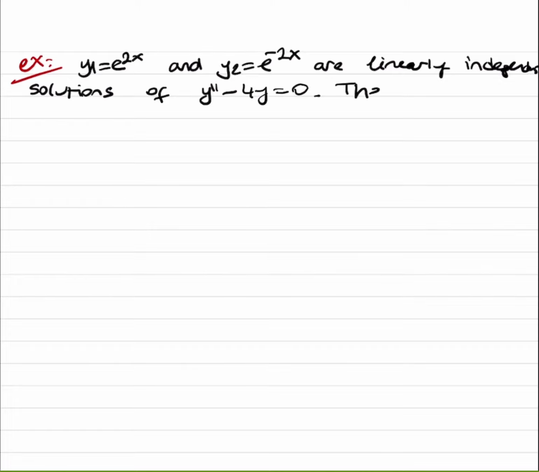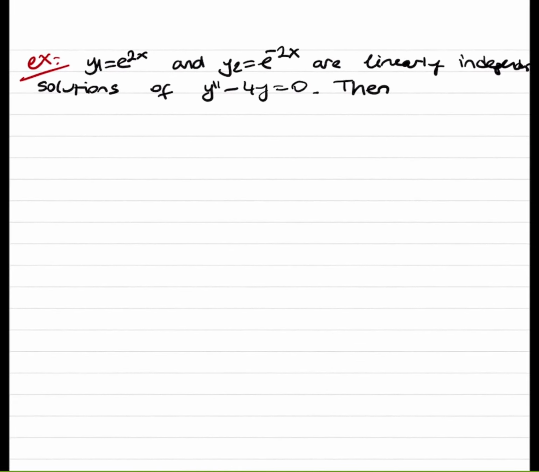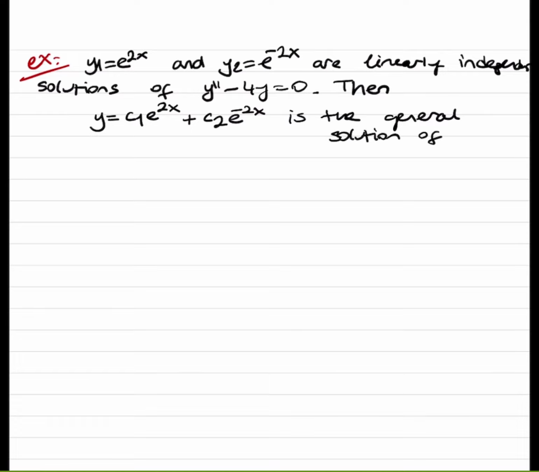Then y is equal to c1 e to the power 2x plus c2 e to the power minus 2x is the general solution. So we have the general solution.